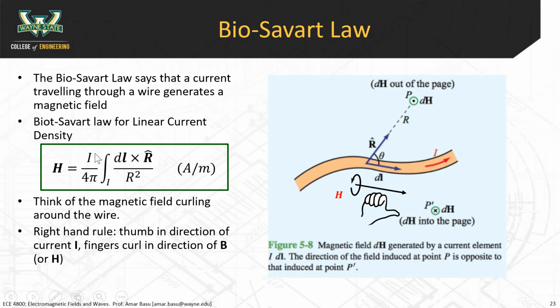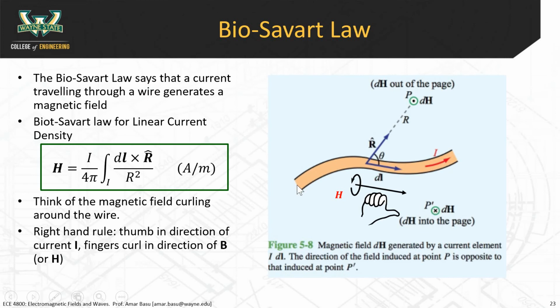H is equal to 1 over 4 pi, and the integral of dl cross r divided by r squared. What does that mean? Qualitatively, each little segment of wire, and the segment right next to it, and the segment right next to that, all of these little segments are going to generate their own magnetic field.